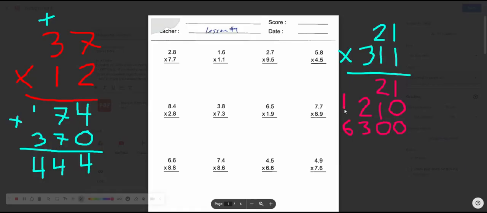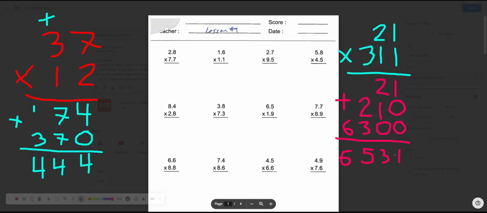And let's add them up. 1 plus nothing is 1. 2 plus 1 is 3. 2 plus 3 is 5. And 6 plus nothing is 6. Again, aligning our place values makes adding these up easy, easy, easy.